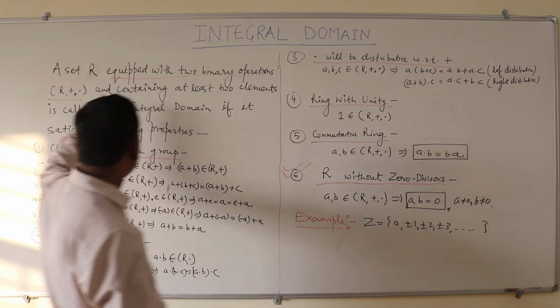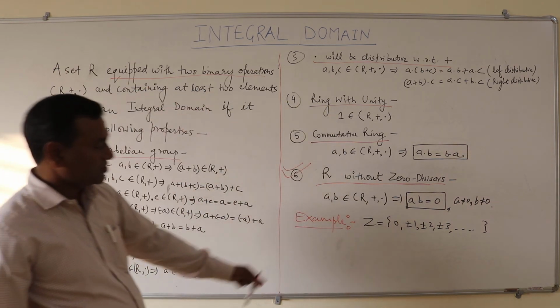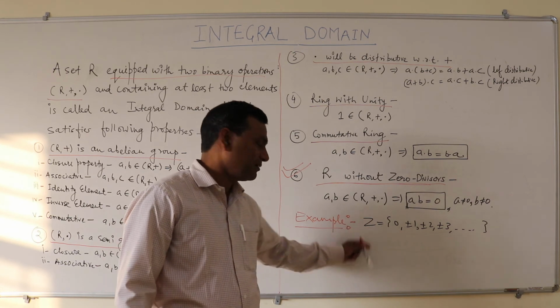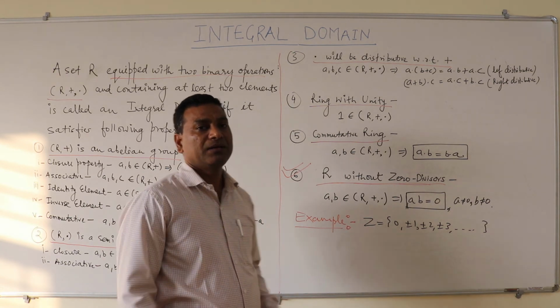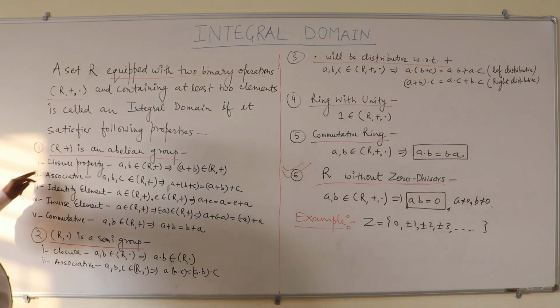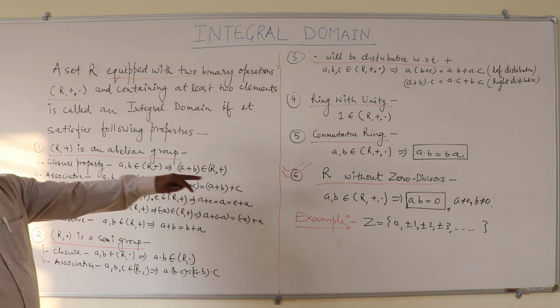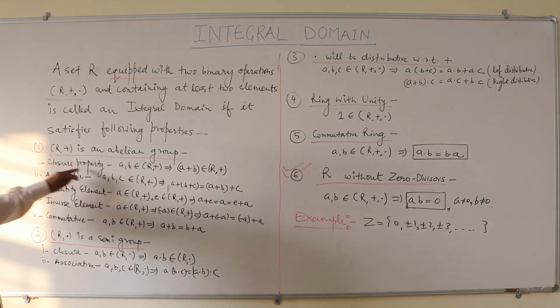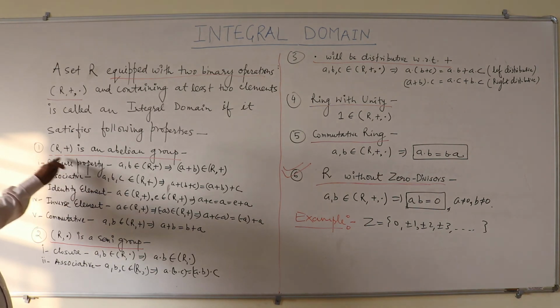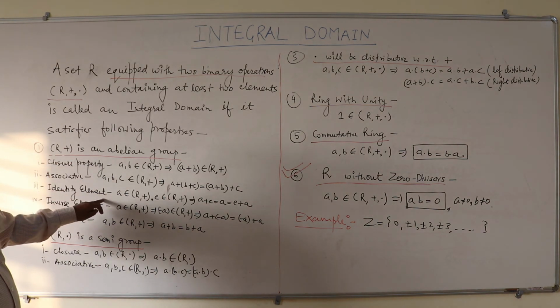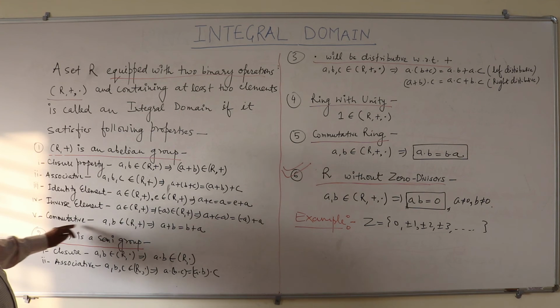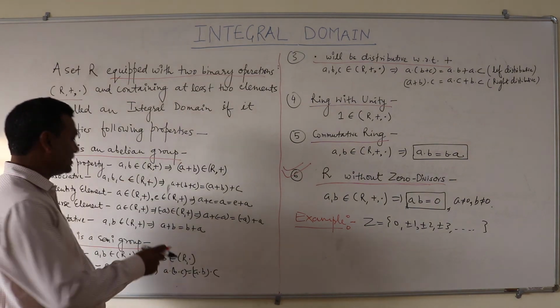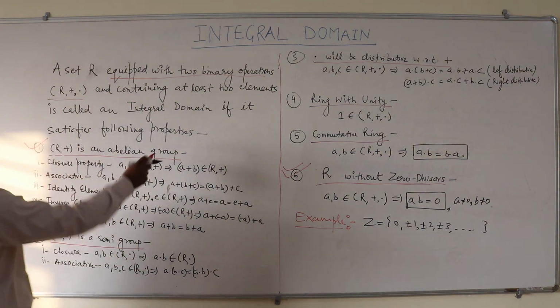We can check all the properties. So this set of integers is the integral domain, because we can check all the properties for R plus. This will be an abelian group. It will have closure property, associative property, identity element, inverse element, commutative property will hold, and we can say that this will be an abelian group.